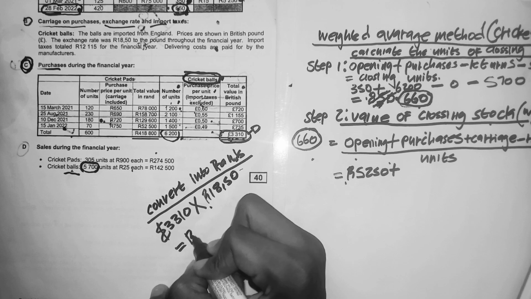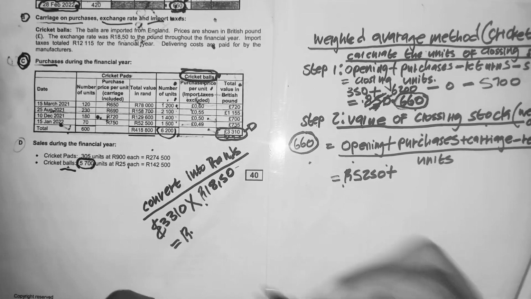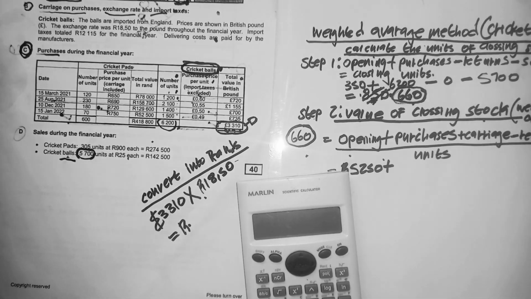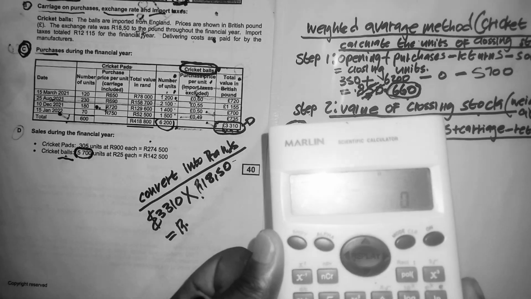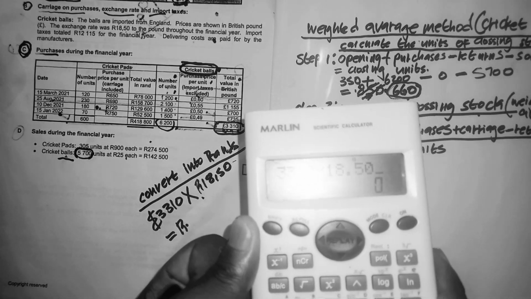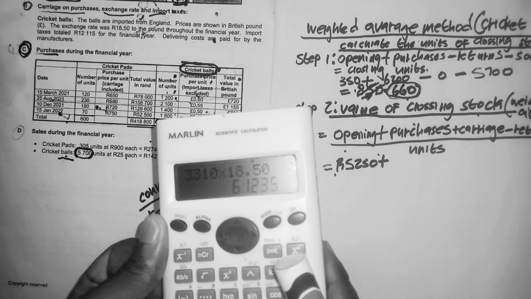Then we're going to get the amount of this total value of purchases in rands. So let's punch it on our calculator. It's going to be 3,310 times 18 Rand 50.